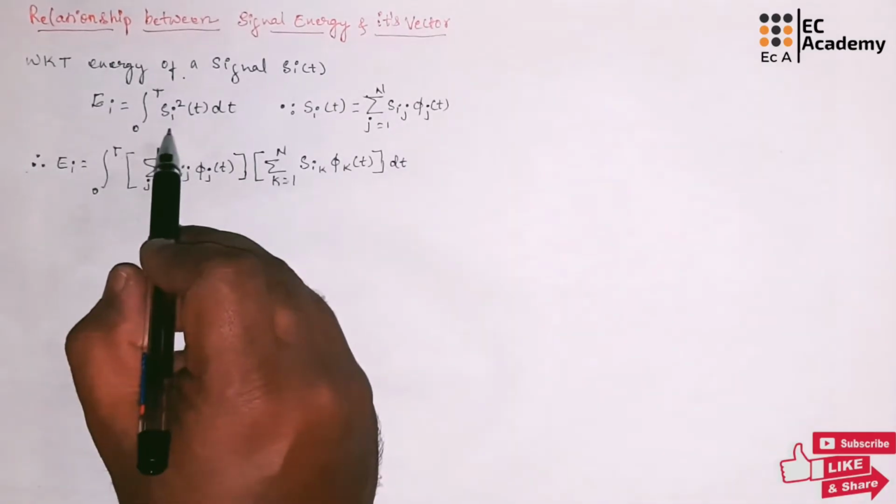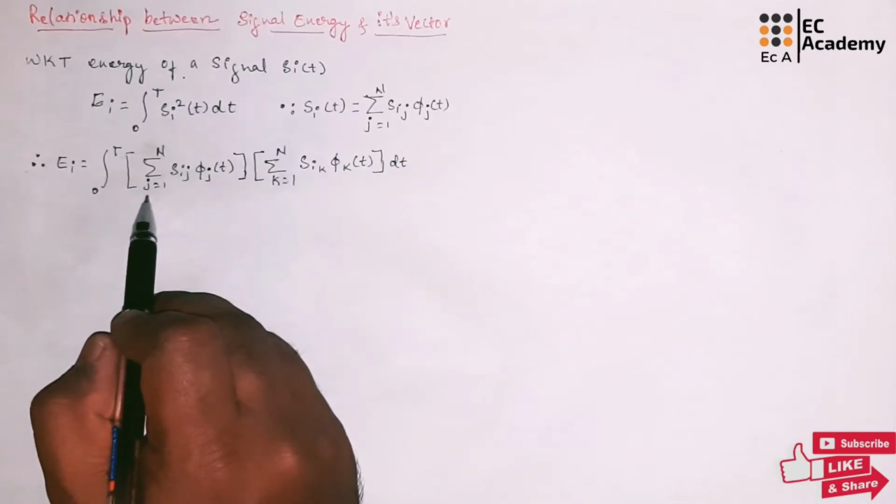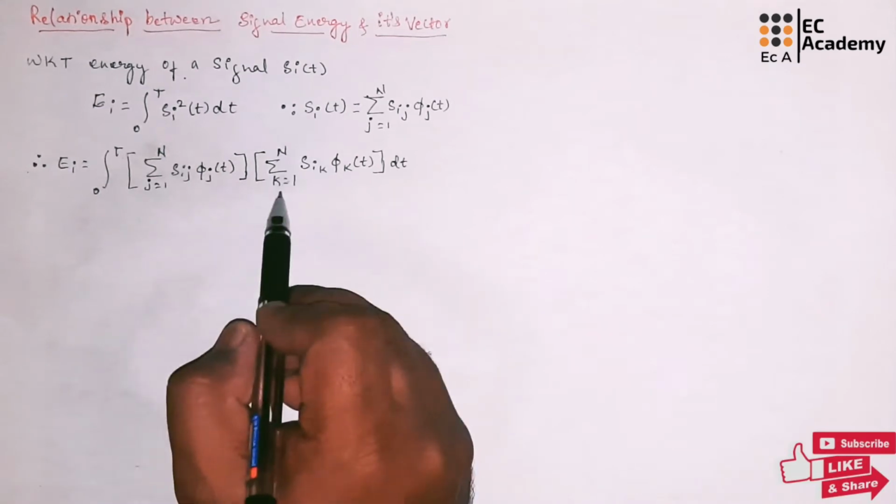Since we are having Si square here, we need to use this summation 2 times. That's why we have taken 2 variables here to represent this summation, j and k.